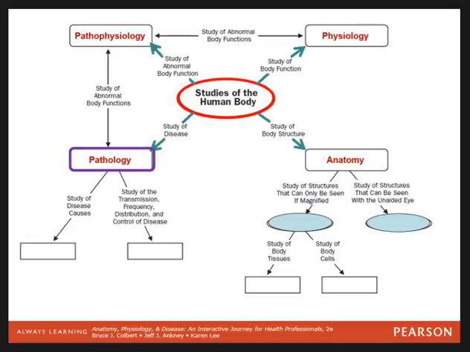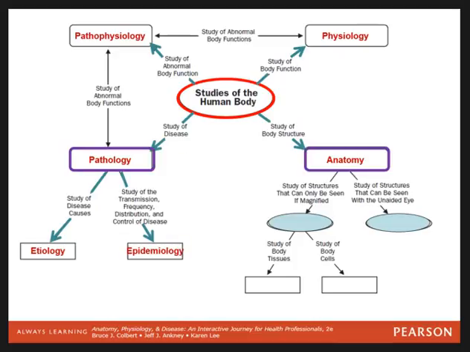So, in pathology, the study of the cause of disease, that's its etiology. So, what causes the disease? Is it a bacteria? Is it a malfunction? Is it a chemical imbalance? What's its cause? That's the etiology. Now, the study of transmission, frequency, distribution, and the control is known as epidemiology.